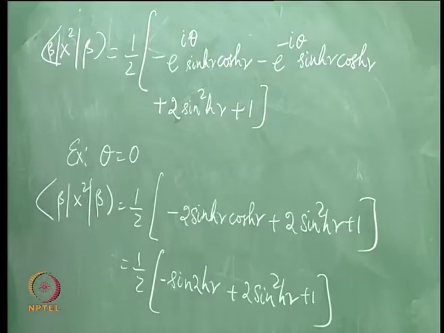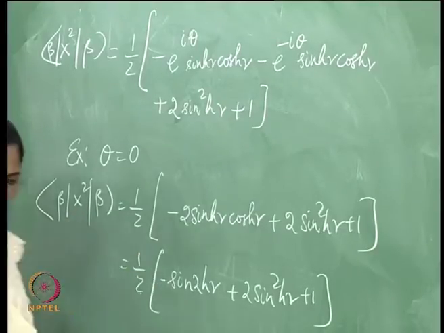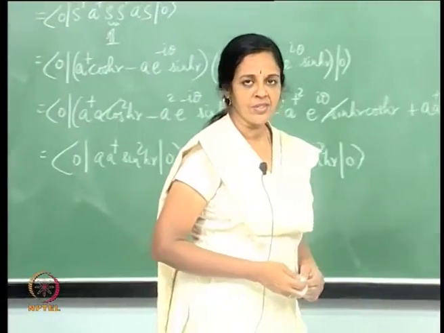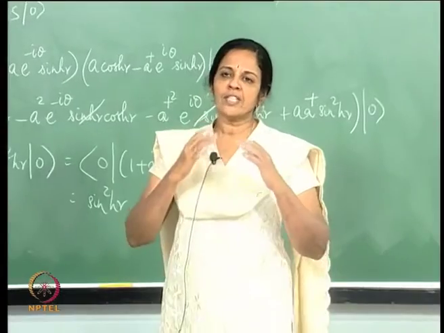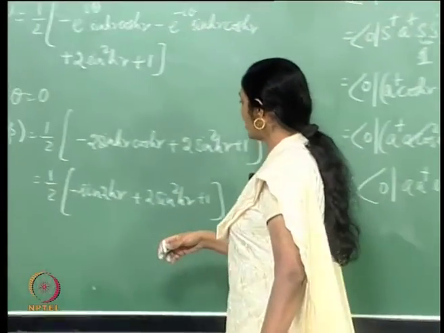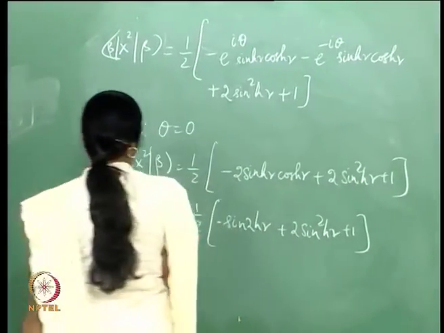This object is always less than half, beta x squared beta is always less than half for r greater than 0. R has to be greater than 0 because you will recall that beta is r e to the iθ, and for all values of r this object is less than half.